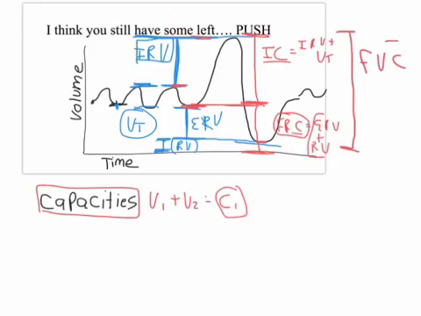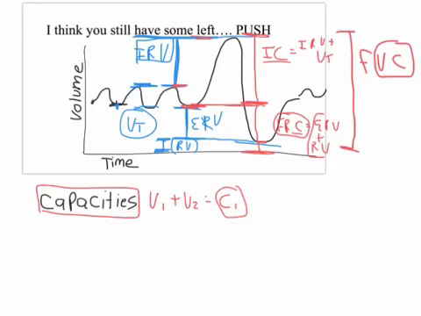Now, it's actually called just the vital capacity, but whenever you breathe it in forcefully, then it's called the forced vital capacity. So the difference between vital capacity and forced vital capacity is whether you're working at it really hard. The reason that's important is because the changes in the intrapleural pressure, which we're not going to talk about, can actually cause airway collapse when you're being forceful, and so using forced vital capacity can bring out some mild obstruction.